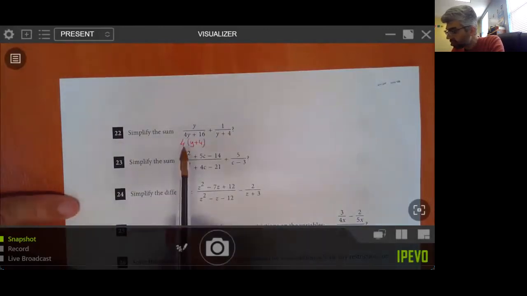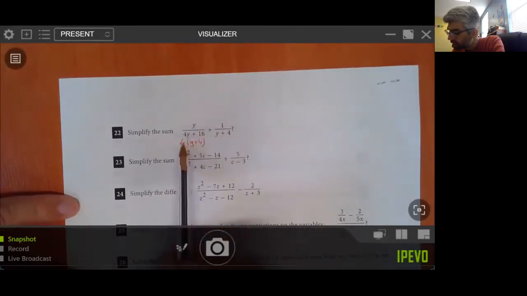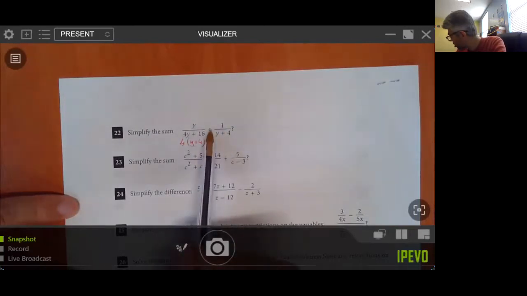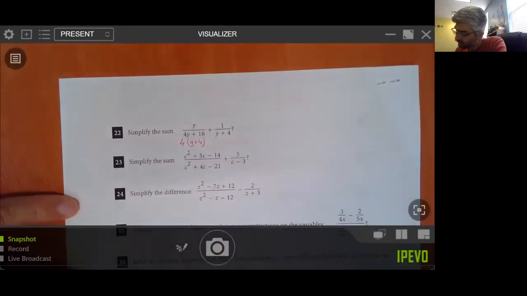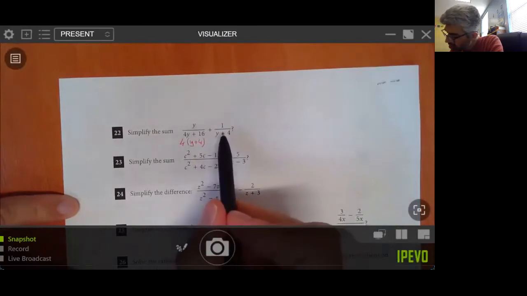So guys, 4 times y plus 4, y plus 4, y plus 4, common factor already. But in the first fraction, I have 4. In the second fraction, I do not. In addition, the fractions must have the same denominators. And so I multiply the second one by 4.